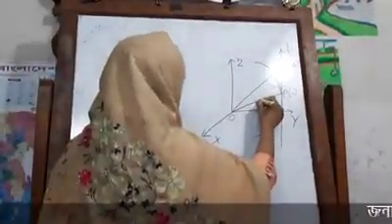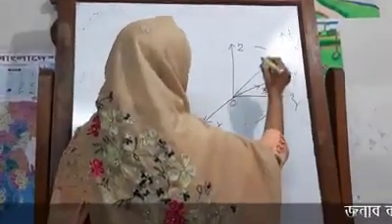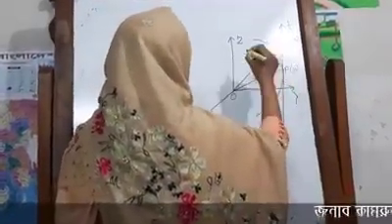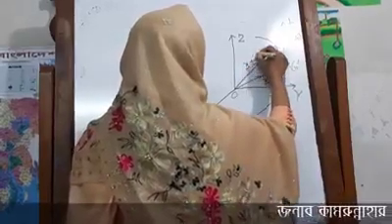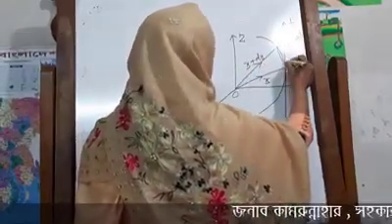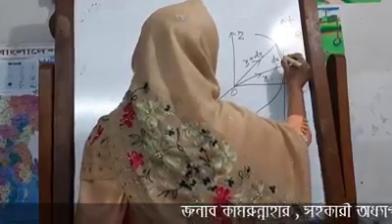The vector OP is x, OQ is x plus δs, and PQ is δs.